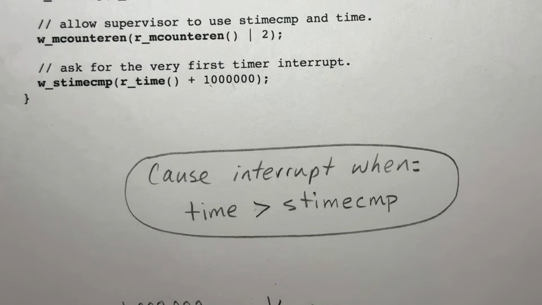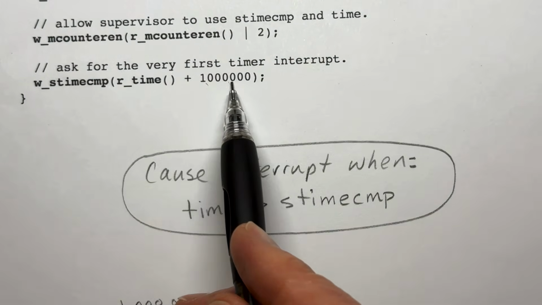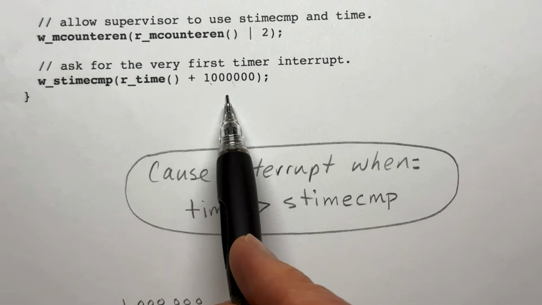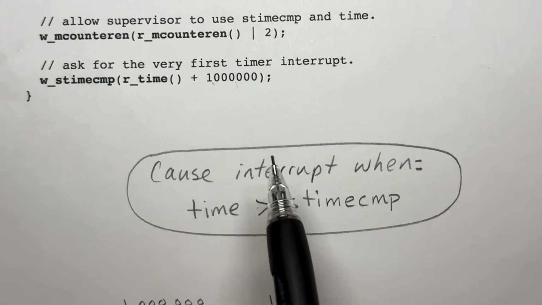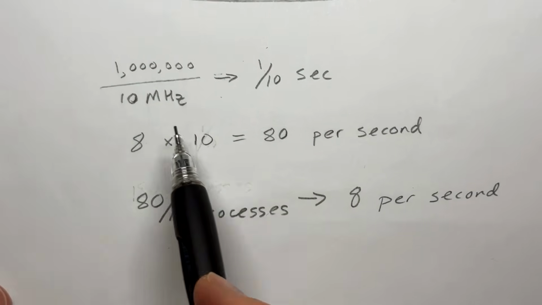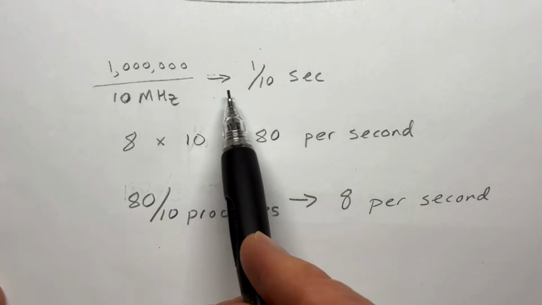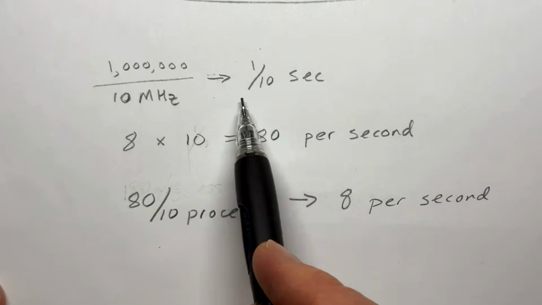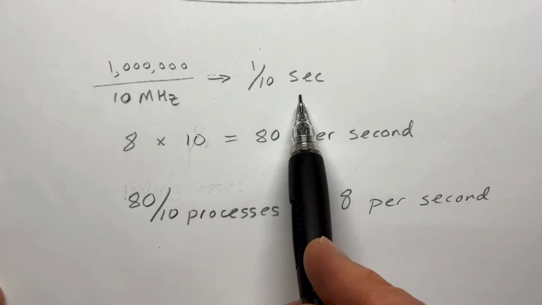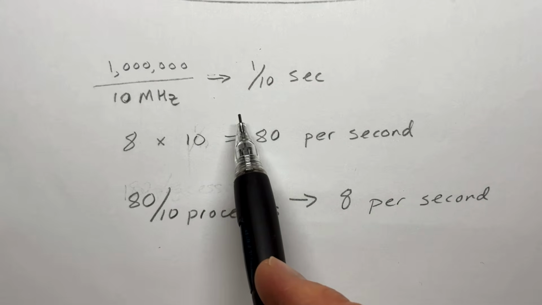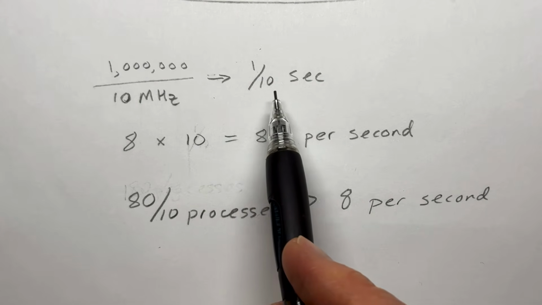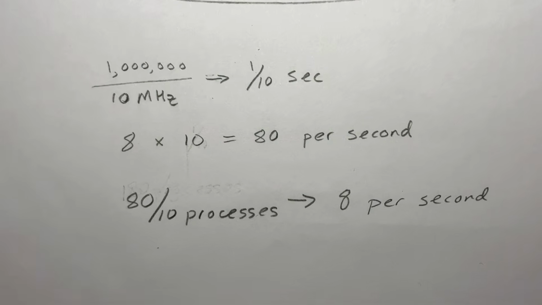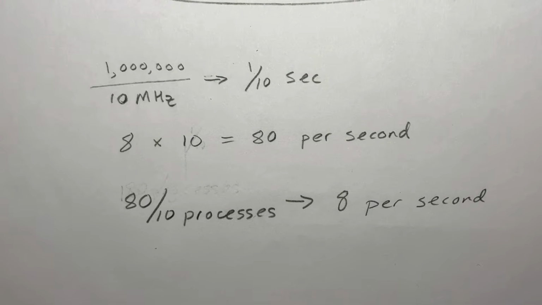Later, we'll see that after each timer interrupt, the core will increment the time compare register by another 1 million. So with a clock frequency of 10 megahertz, this means that we're getting 10 time slices per second. That is, each time slice is coming after 100 milliseconds. For a system with only 10 or 20 processes and 8 cores, that's going to give pretty good responsiveness.